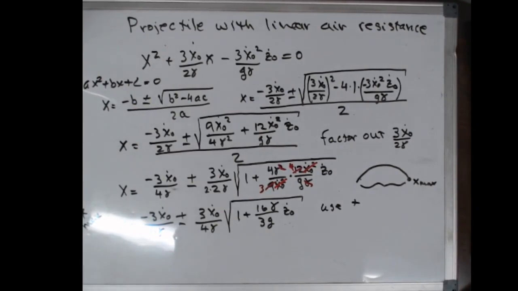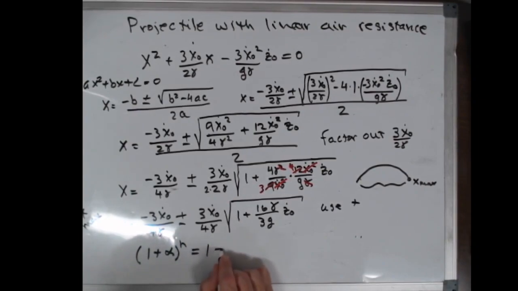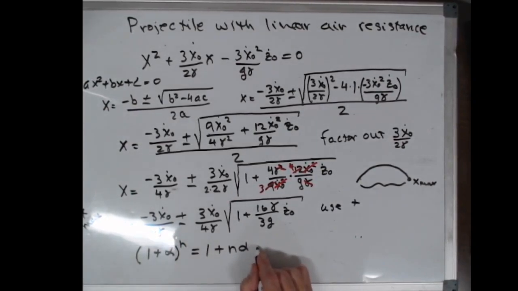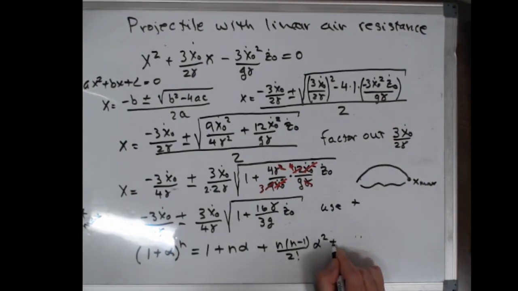If you remember the binomial expansion, we can use it to get an approximate value for the term in the radical, using 1 plus alpha to the n is equal to 1 plus n alpha plus n times n minus 1 over 2 factorial alpha squared plus dot, dot, dot.